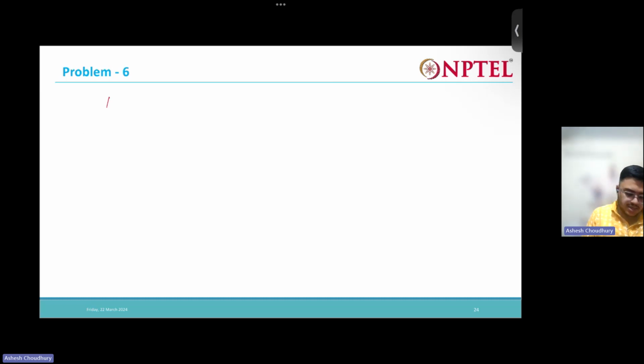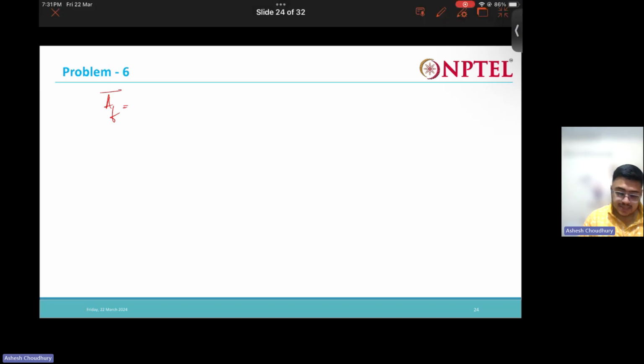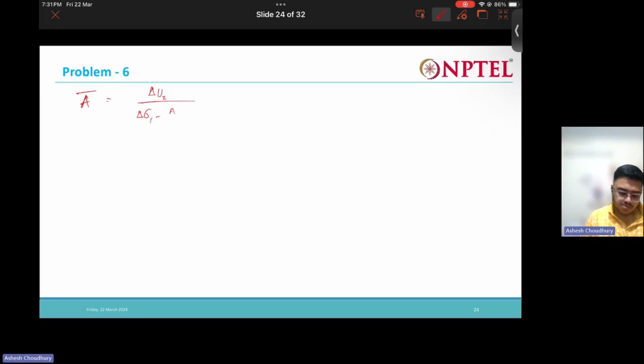What is AF? What is A bar? Now, since we can consider that the soil is perfectly saturated, we can write A bar is equal to A into B. So for saturated soil we can write B is equal to 1.